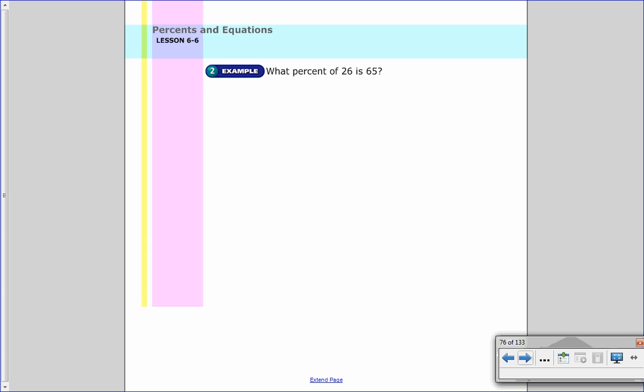Moving on. Here we have this one. What percent of 26 is 65? This time we're looking for the percent. So instead of a question mark, I'm going to put in the variable y. And I'm going to switch that multiplication sign so it's a little circle. That way it's a little easier to observe.